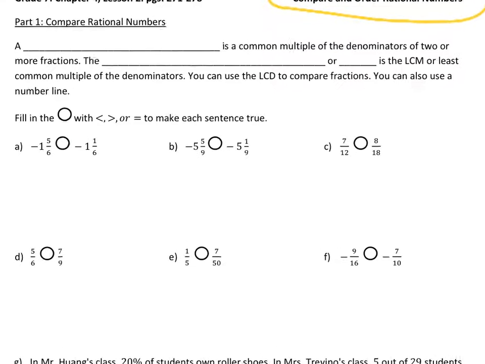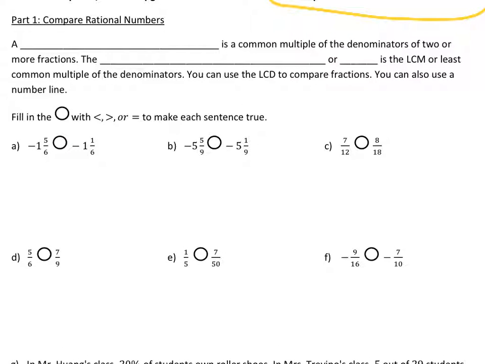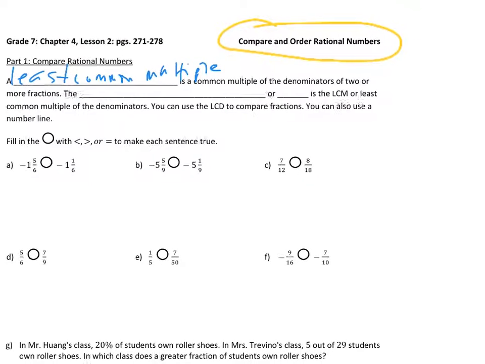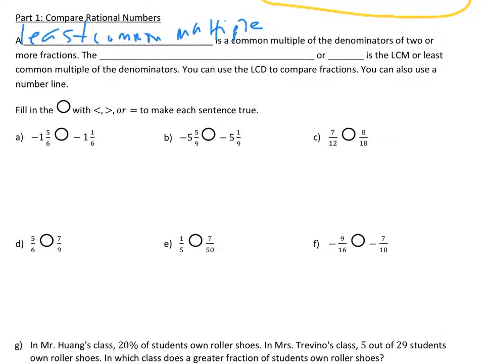Please fill in the blanks with me as we go through them. A least common multiple is a common multiple of the denominators of two or more fractions.